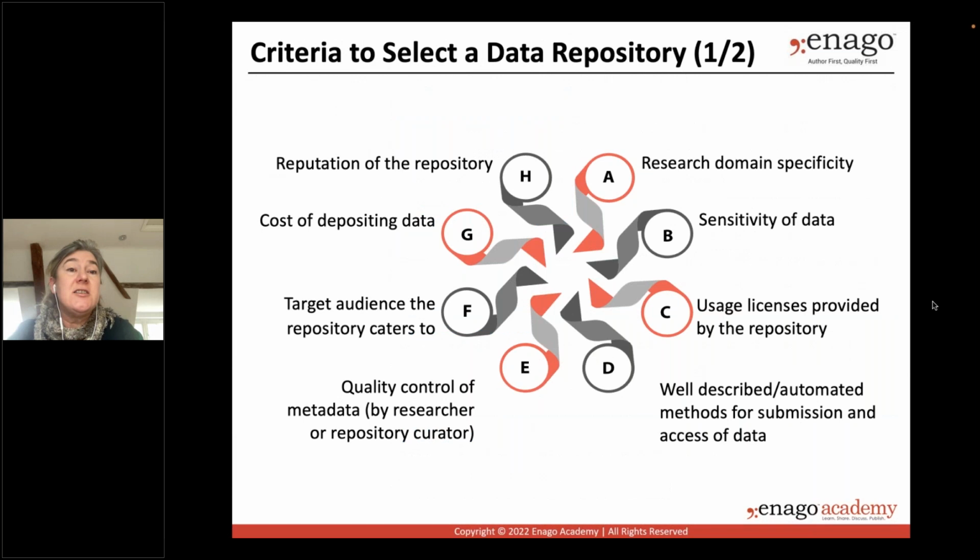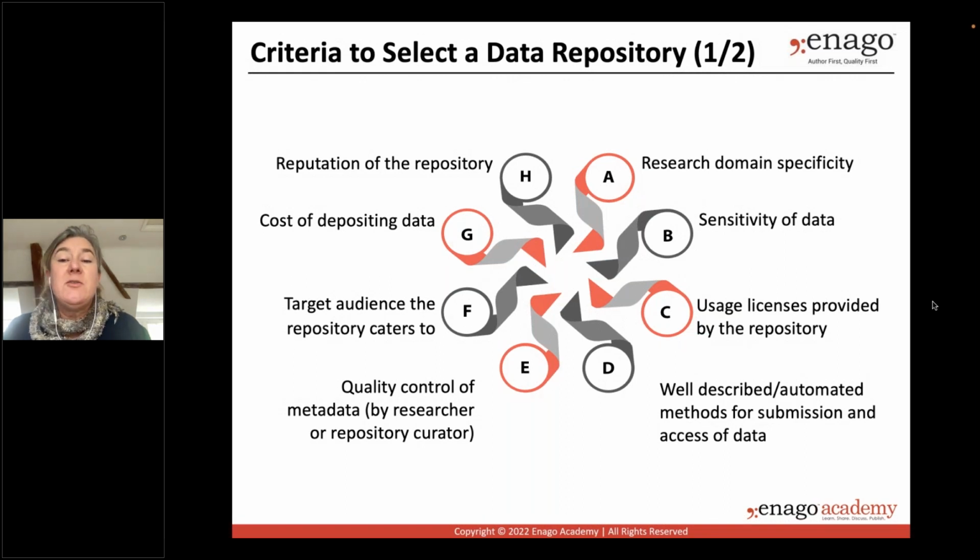In which case, here are some of the criteria to think about. If you are thinking about what your particular research is going to consist of, the research domain of the repository becomes very important. You've got the sensitivity of the data, so that might mean if there's medical or other sensitivities, you might need a repository that's HIPAA compliant, for instance.